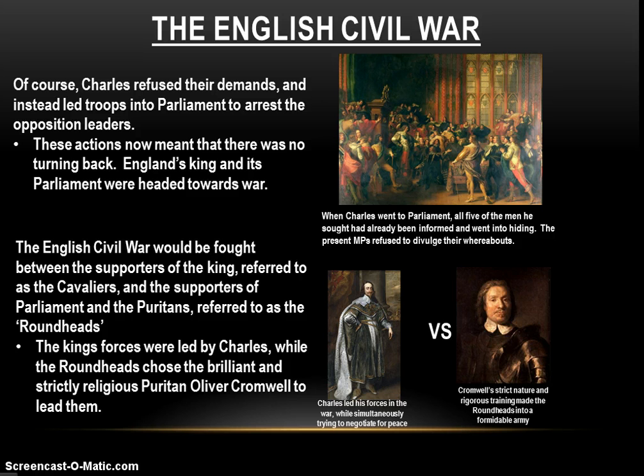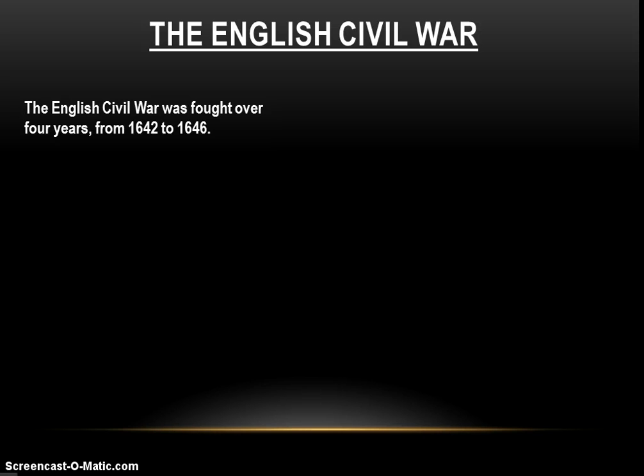So he's trying to negotiate for peace as he's trying to lead the war effort. And on the other side, the Roundheads choose as their leader the brilliant and strictly religious Puritan Oliver Cromwell. And so it will be the Cavaliers, the Royalists, the supporters of the king, versus the Roundheads, the Parliament, and the Puritans.